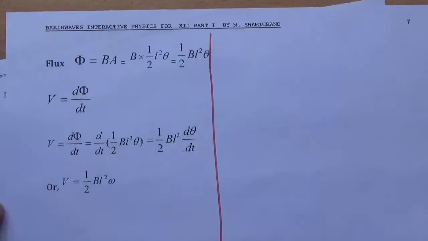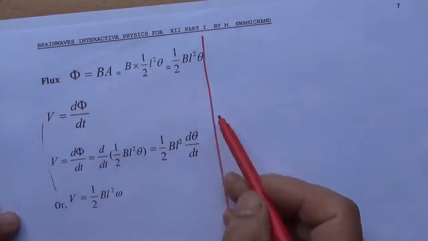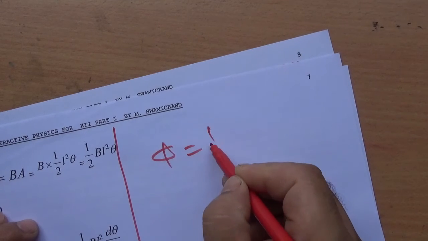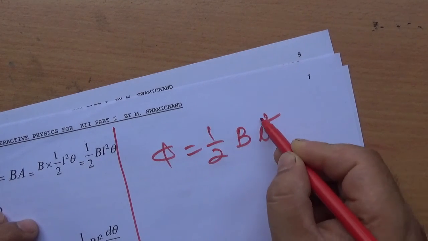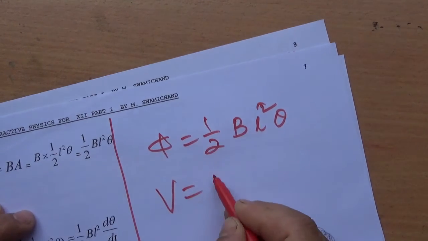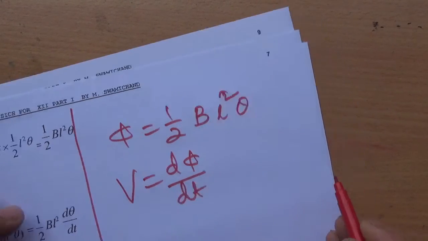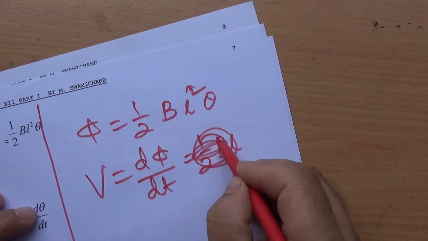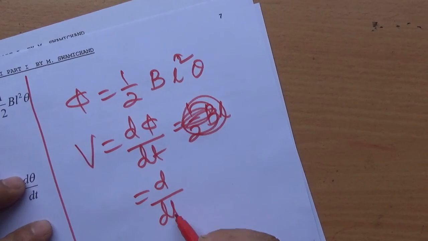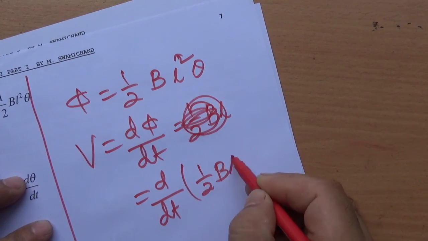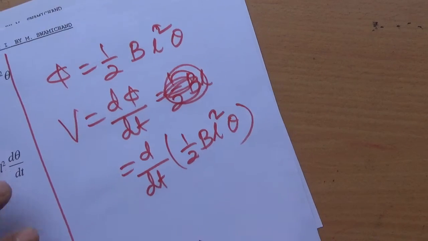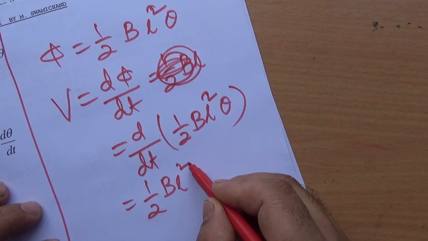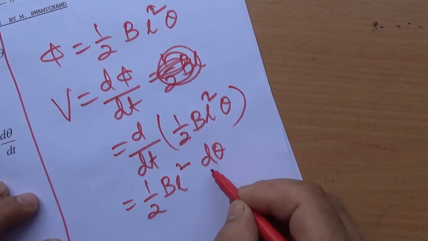The full calculation is in a PDF file. The flux is half B L square theta. According to Faraday's law, d phi by dt is equal to half B L square times d theta by dt.